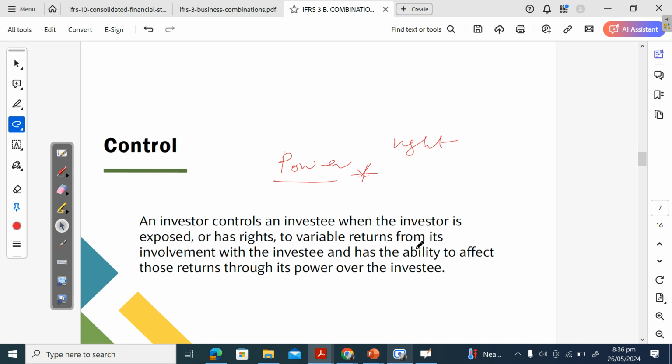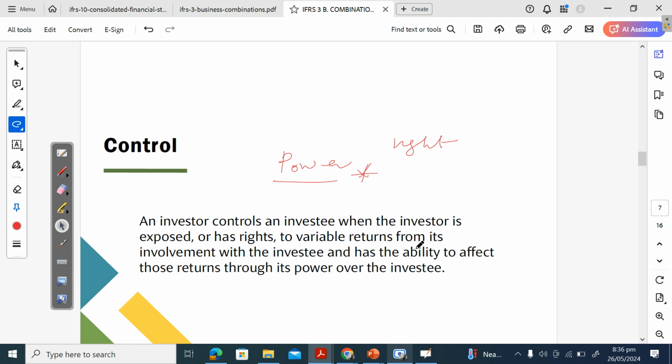So if I invest in a company, let's say if I buy shares in MTN, Airtel Tigo, I expect to earn some dividends. All right. So to have control also means to have the right to earn some form of returns from the subsidiary. Okay.